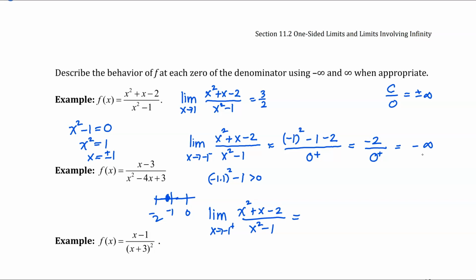And then you plug in, so you will have the same -1 in the numerator, and the denominator is also 0. And then we identify the sign of the 0 in the denominator by getting a representative point on the right side of -1.